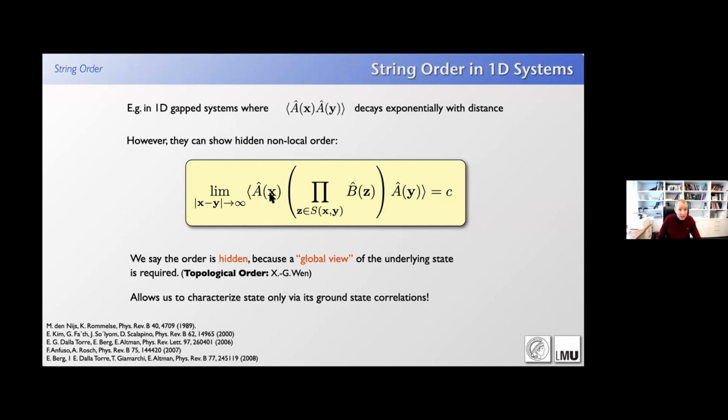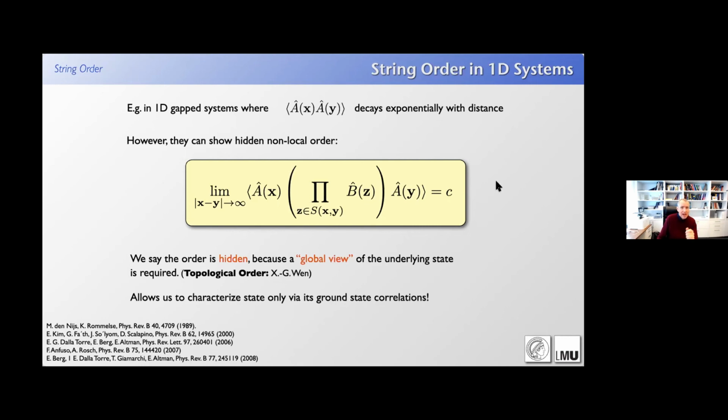So you not only need to know what's happening at x and y, you need to know what's happening on all the points between x and y also to predict a certain outcome. This is different from a local order parameter, because now it's not sufficient to know what's happening at x or at y. You need to know what's happening everywhere in the system. So you really need a global microscopic view of your many-body state to be able to evaluate this correlation function.